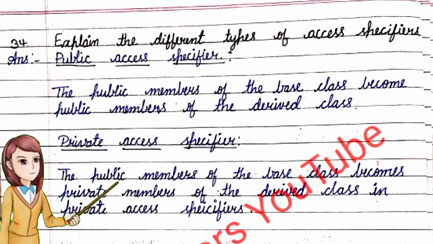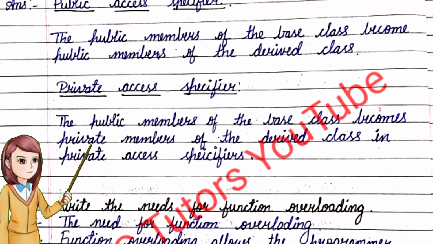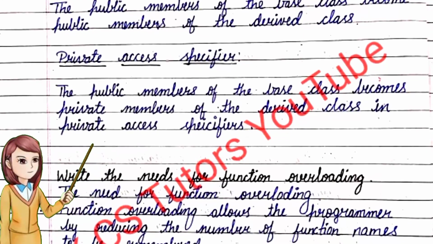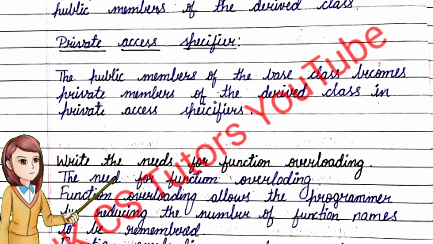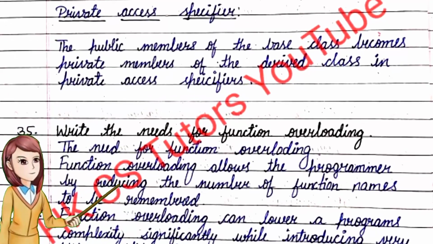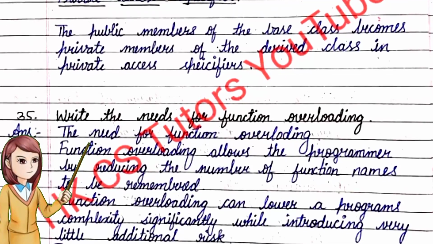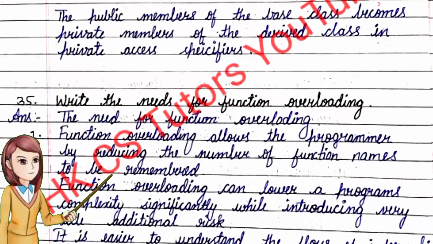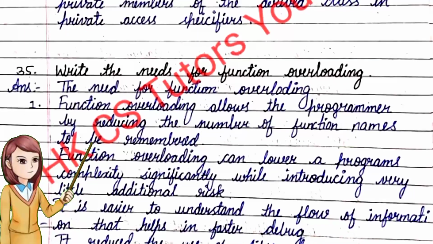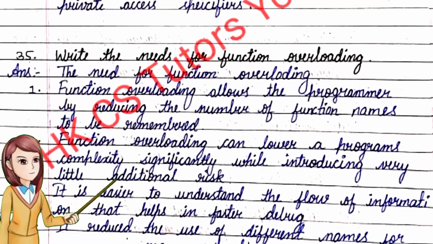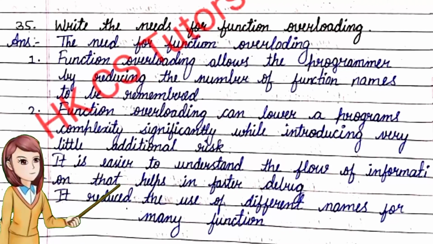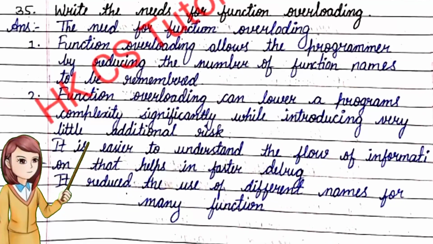35th question. Write the needs for function overloading. Function overloading allows the programmer to reduce the number of function names to be remembered. Function overloading can lower a program's complexity significantly while introducing very little additional risk.